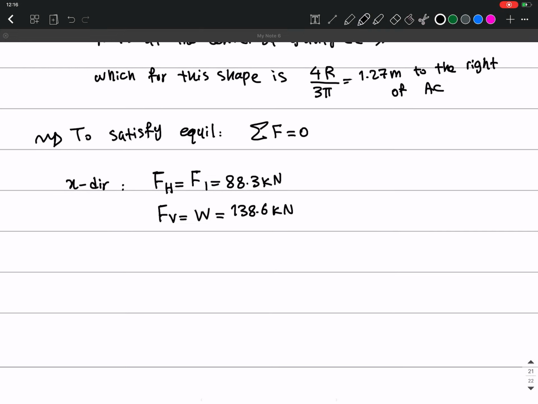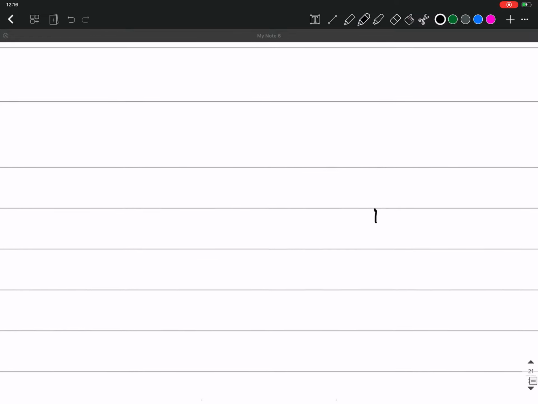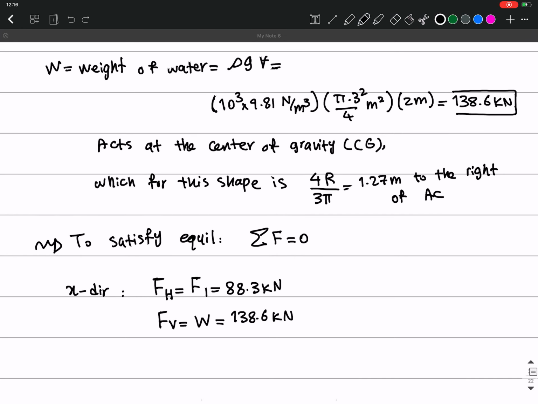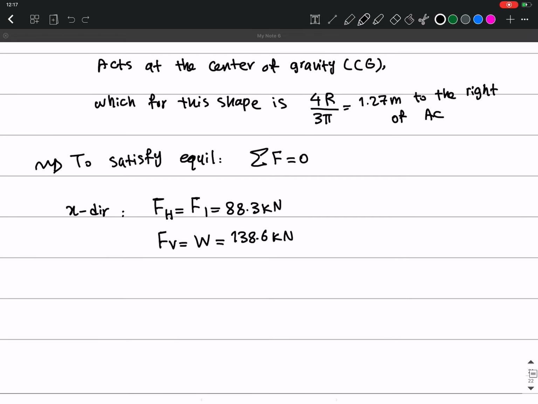I can calculate it as if this is the horizontal one, and this is the vertical force, Fv, and this is Fh.